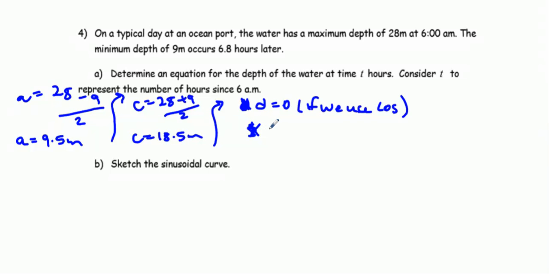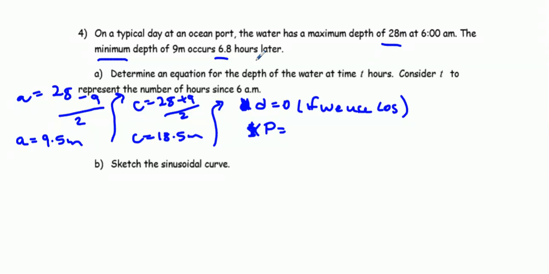So again, I'm going to erase that. So the period is going to be the length of time it takes for one cycle of this to happen. So what will happen in this particular cycle is it will go from its maximum down to its minimum depth and back up to its maximum again. And the time it takes to do that is going to be, of course, double the 6.8, because the 6.8 hours is the length of time it takes to go from its max to its min.